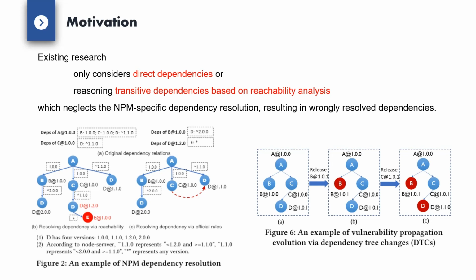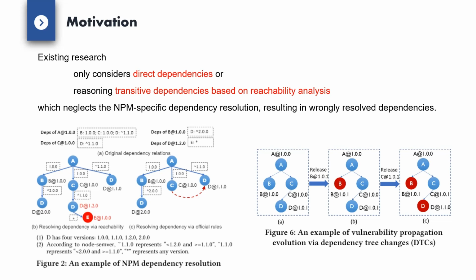However, according to the NPM dependency tree resolution rules, since there is already a D at 1.1.0 resolved as one of the direct dependencies of A, and D at 1.1.0 satisfies the dependency constraint of the dependency relation from C at 1.0.0 to D, C at 1.0.0 will directly use the D at 1.1.0 that has already been resolved and selected in the dependency tree, rather than install a new D at 1.2.0.